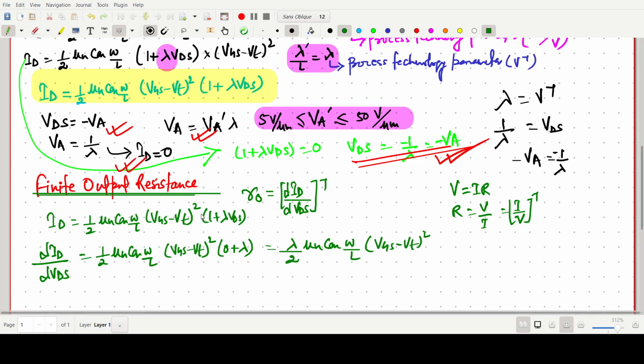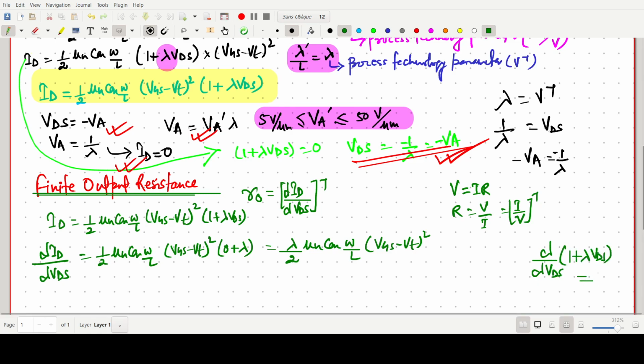Simply we are just differentiating ID by dVDS of 1 plus lambda VDS, which is simply our lambda.